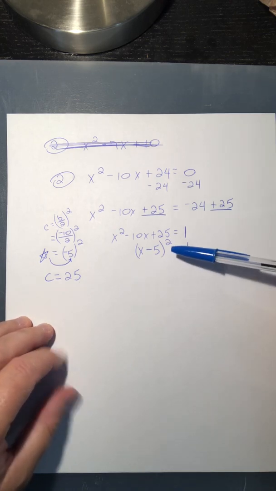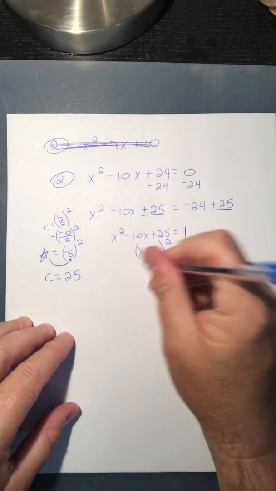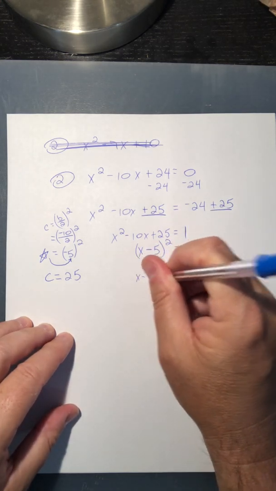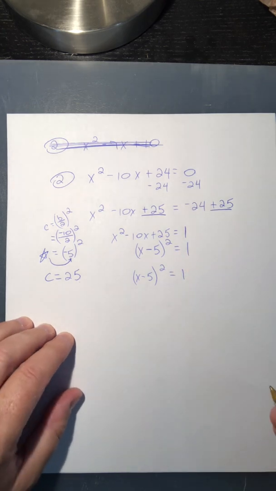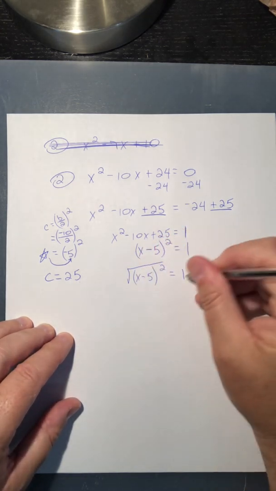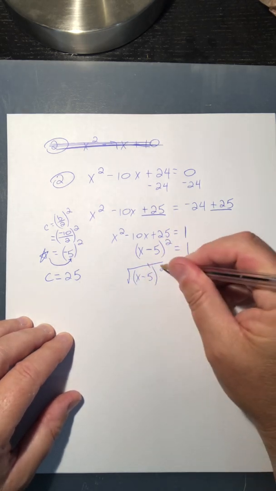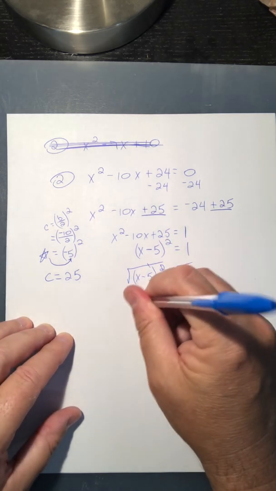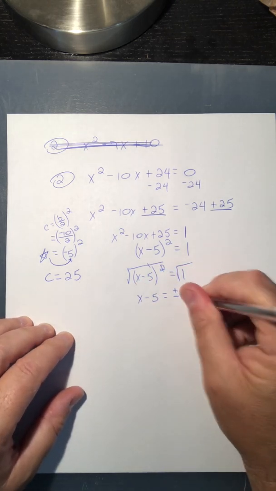So again, just like what we did on Monday and Tuesday, now we're ready to solve by taking the square root. I'm going to rewrite it. You don't have to rewrite it. I just want you to be able to see what we're doing each step. So now we're going to take the square root of both sides. Well, remember, when we take the square root, that cancels out that square. That leaves me x minus 5 equals plus or minus the square root of 1, which is 1.